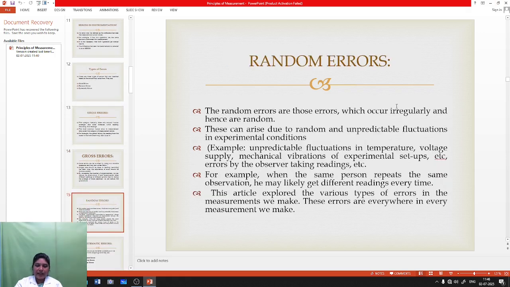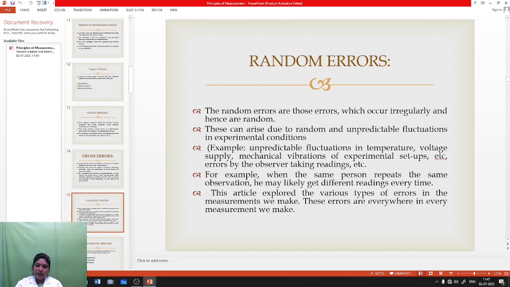The next category is random error. Random errors are those errors which occur irregularly, hence called random, and are mainly caused by fluctuations in the experimental conditions. For example, unpredictable fluctuations in temperature or voltage supply, or mechanical vibrations of the experimental setup, cause errors called random errors.